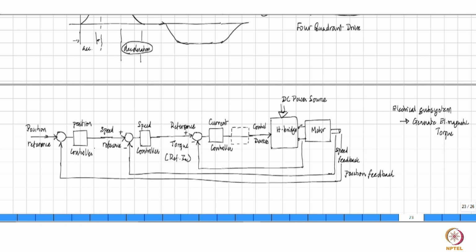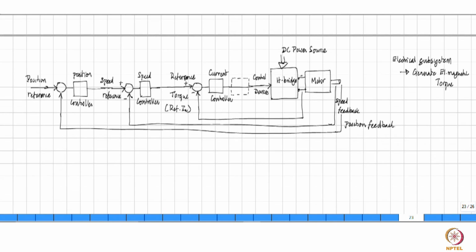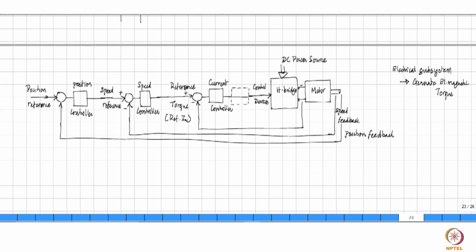So this is the sort of control structure that you would need for a motor drive for these kind of actuation applications. So this is called a cascaded control structure.